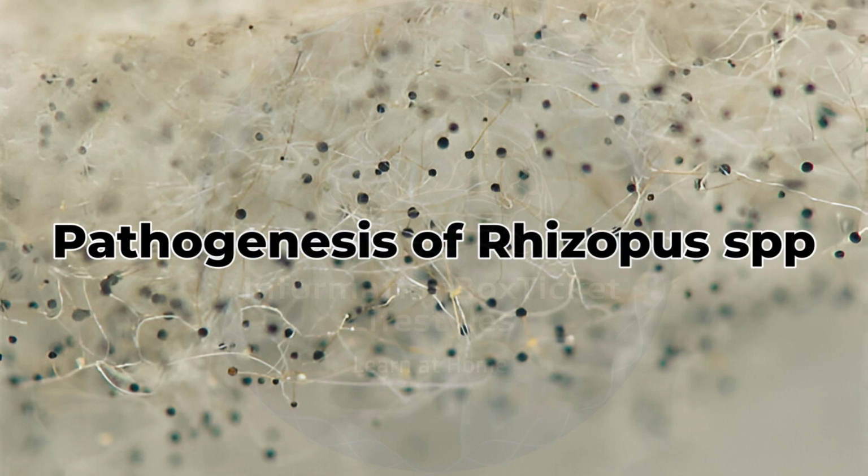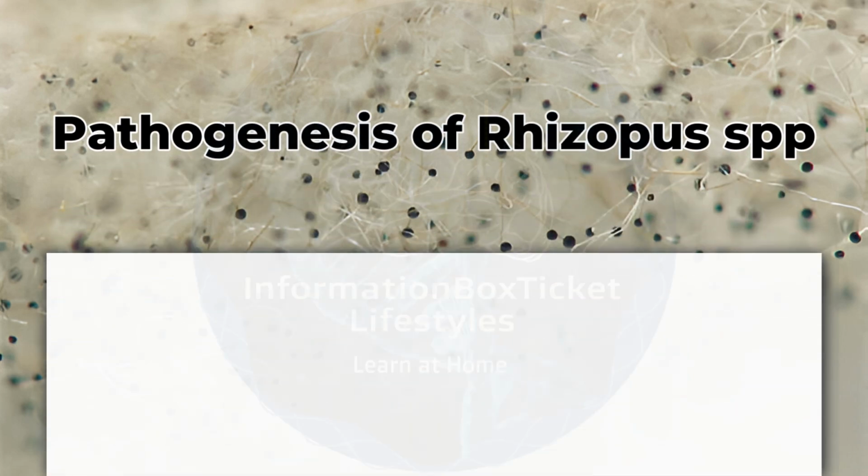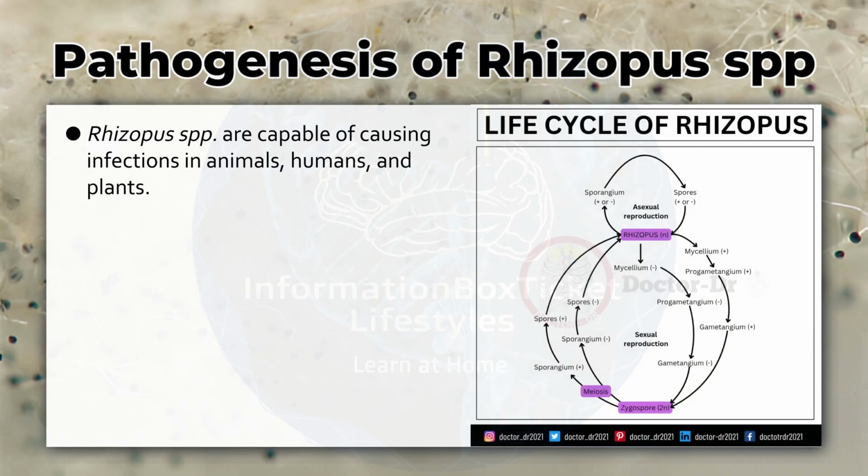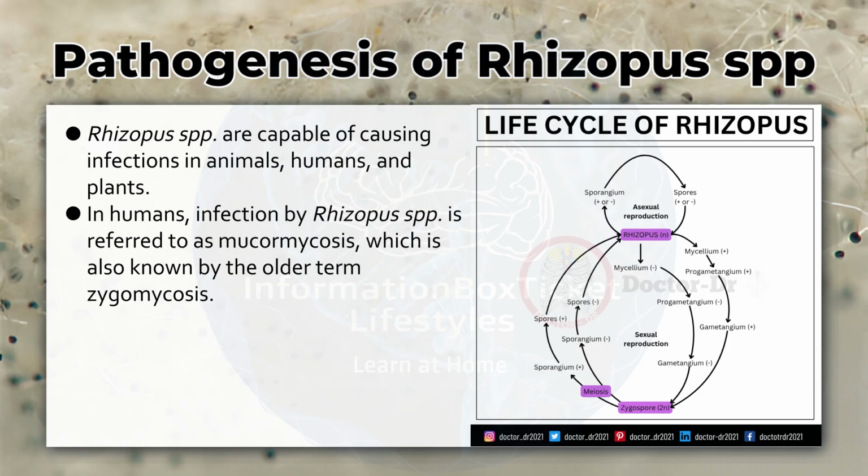Pathogenesis of Rhizopus species. Rhizopus species are capable of causing infections in animals, humans, and plants. In humans, infection by Rhizopus spp is referred to as mucormycosis, which is also known by the older term zygomycosis.